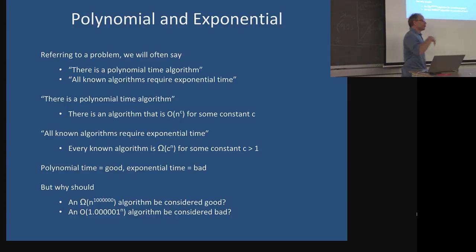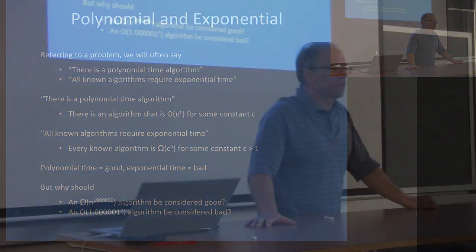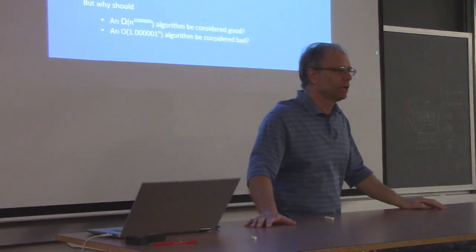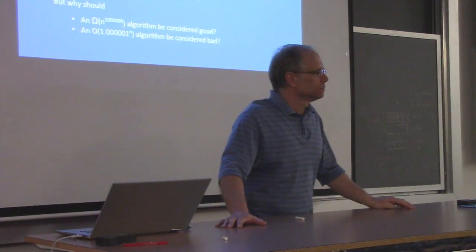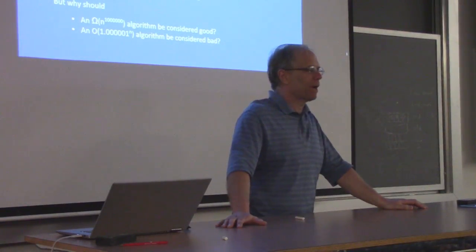So, just to give you a heads up, what we're going to be studying now is a class of problems called the NP-complete problems, and they have the following properties. First of all, they're problems such as the traveling salesman problem that people would like to solve. Second of all, for none of them has a polynomial time algorithm been discovered.